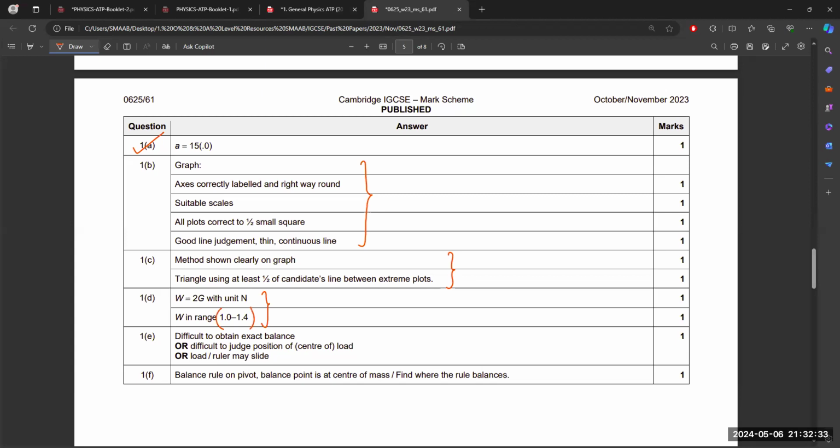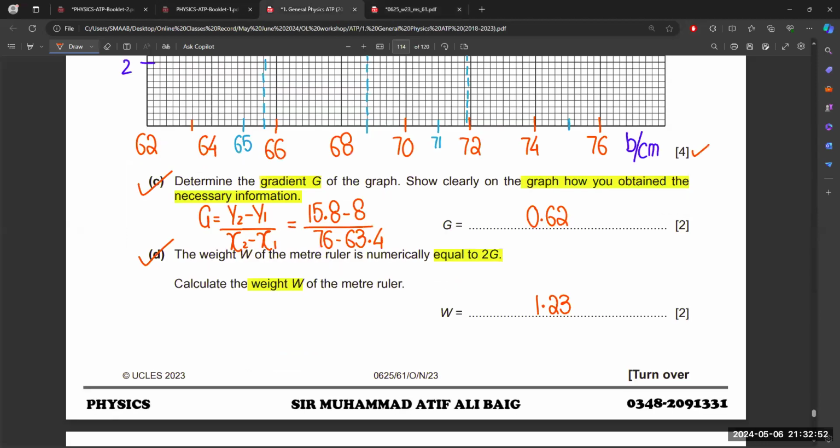So the minimum answer will be 1, maximum 1.4, if your graph is correctly marked and all the axes are correctly labeled. Like in our case, we are getting 1.23, so it is in the range. In this way, you have to draw the graph and complete your information related to the graph.